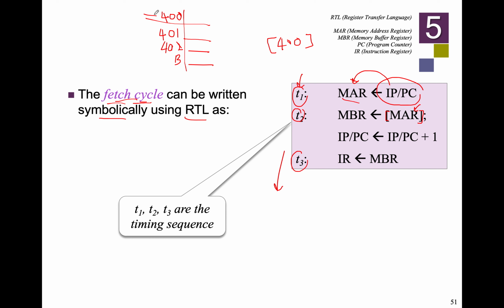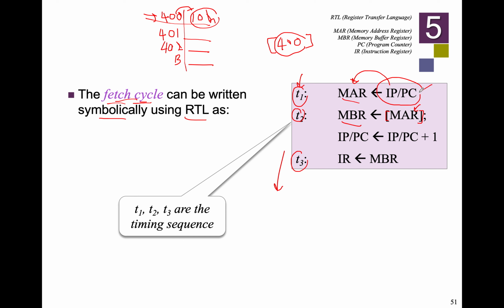Then you need to look inside the value of this address. So inside over here, maybe this one is 10 hexadecimal. So you're going to pick this value and put it into your MBR.